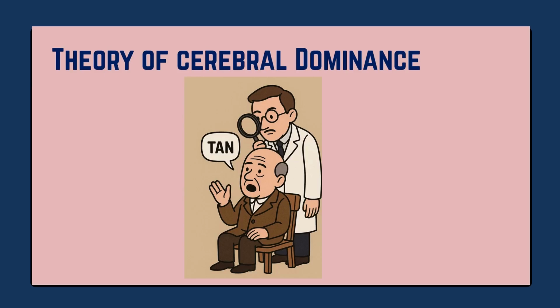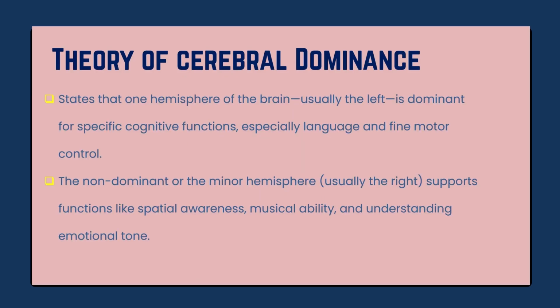And we know that although both sides of the brain look similar, certain functions like language are dominated by one hemisphere, like how Broca showed the left frontal lobe, right? So in most people, the language dominance is the left hemisphere. Now, this was the birth of the story of cerebral dominance.